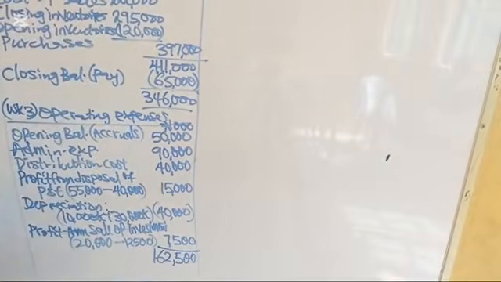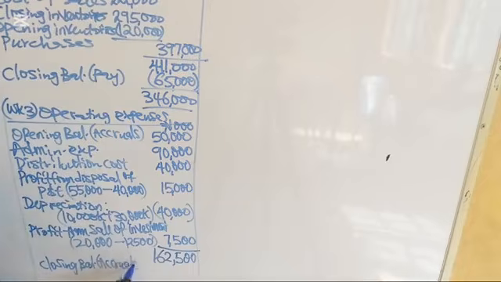Okay, followed by what? What next? The next item should be the closing balance of accruals. How much? That's 40,000.